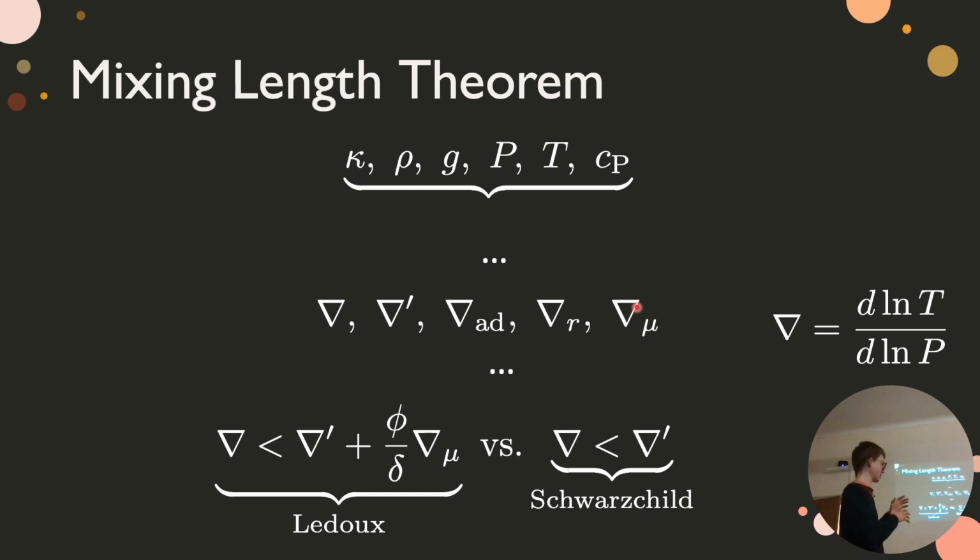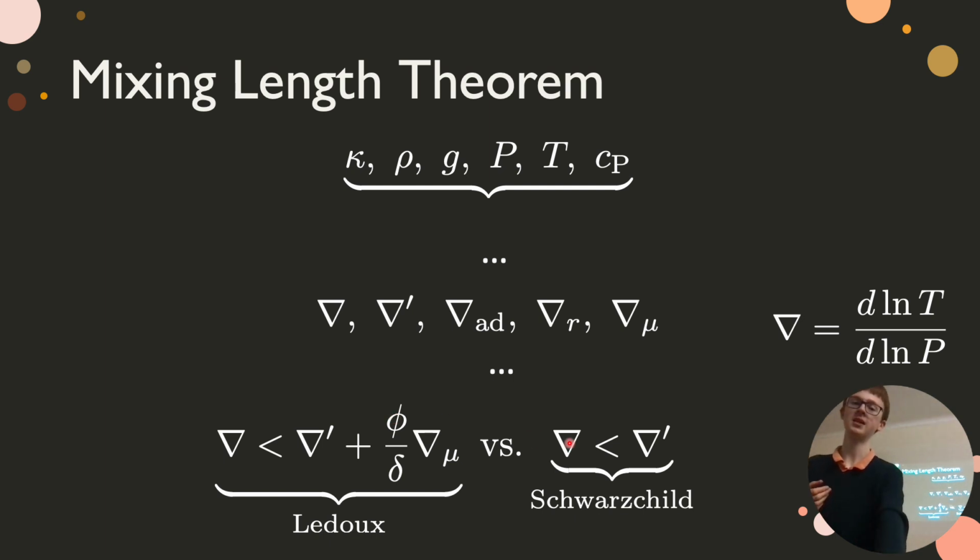So we've got two criteria here. We've got this French guy, Ledoux, and this other guy you might have heard of, Schwarzschild. They have their two criteria. Ledoux is taking into account what we call heterogeneity, so there is some stratification, some difference in the molecular weight, in the distribution of these different things like silicon, sulfur, oxygen within this element.